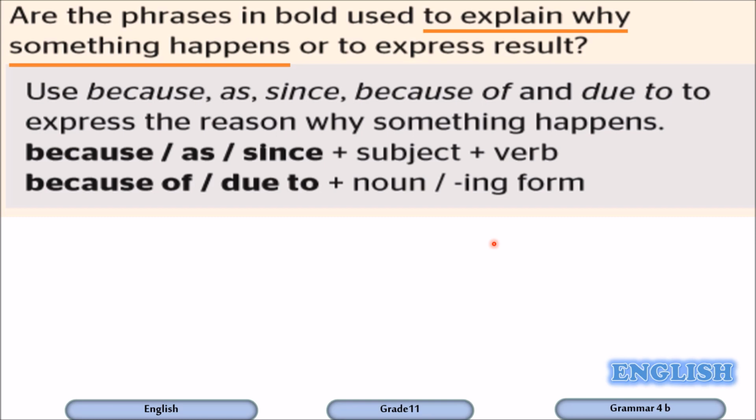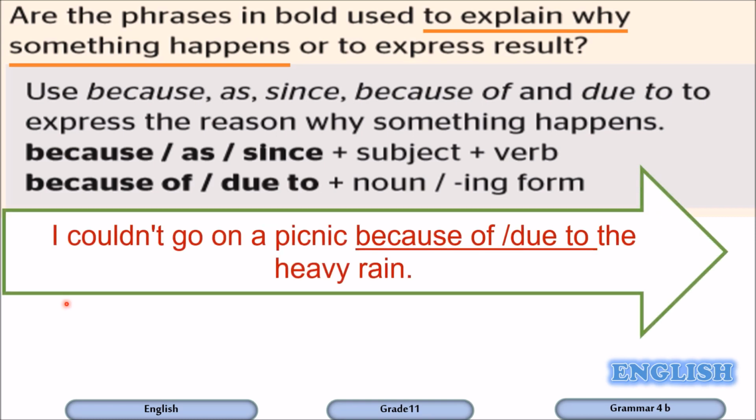Let's look into some examples. I couldn't go on a picnic because of, or you can replace it with due to, the heavy rain. So, as you can see, because of is followed by the heavy rain, which is a noun phrase.